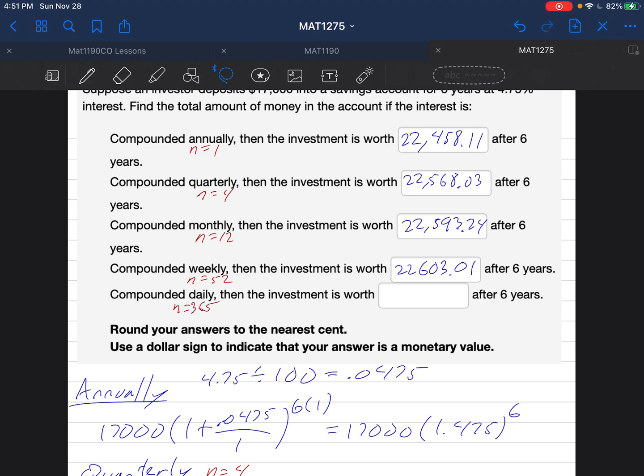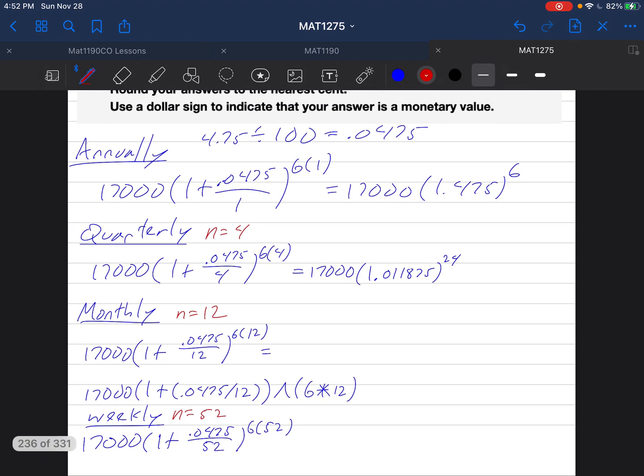Right, so, between compounding monthly and weekly, we're compounding a whole lot more. It's a difference of about, I don't know, looks like $10, right? It doesn't seem like a lot, but definitely more than the 22,458 over here.